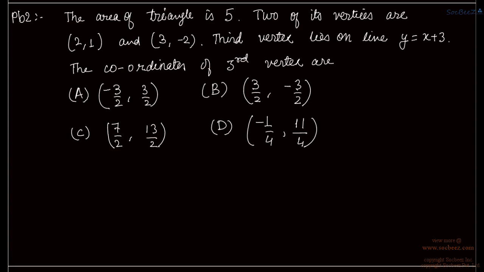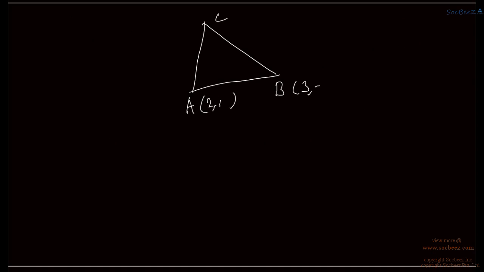Okay, so we have a triangle A, B and C. Let us have the coordinates of A as (2, 1) and B as (3, -2), which is given, and the coordinates of C as (h, k). C lies on the line y is equal to x plus 3, right? So there is a relation between h and k, that is k is equal to h plus 3.